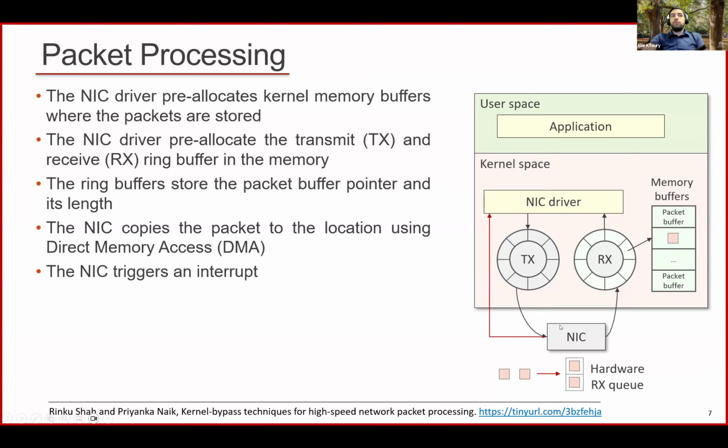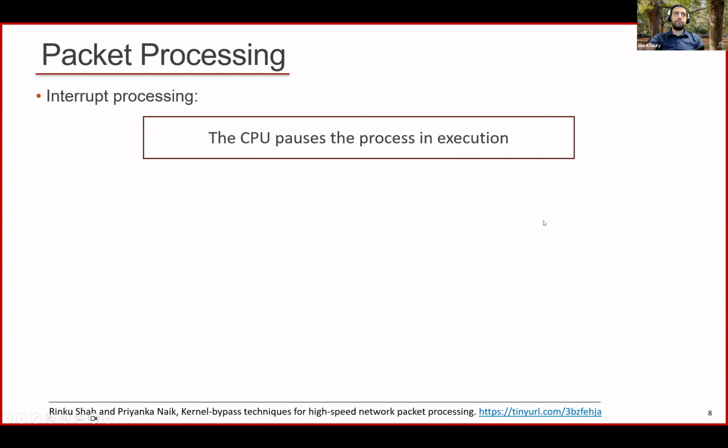After that, the network interface card will trigger an interrupt just to tell the NIC driver that now we have packets available in the queue that are ready to be processed. So in summary, the packet is received, it's copied to memory, an interrupt is generated, and then the NIC driver will continue from there.